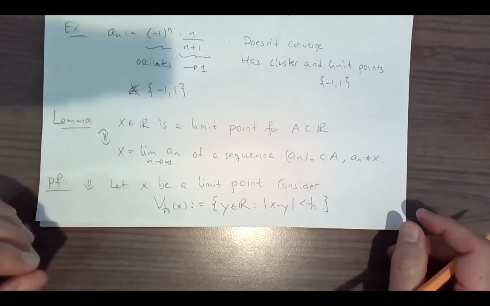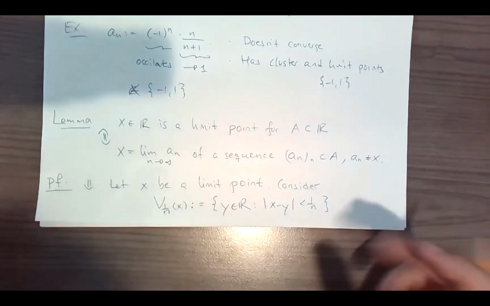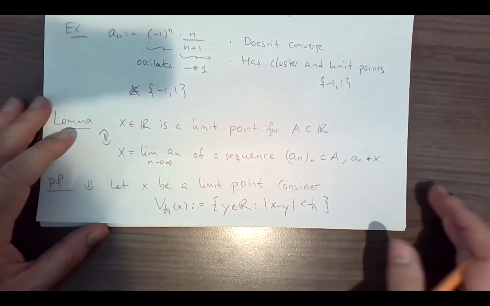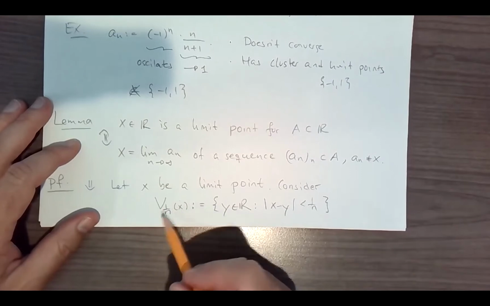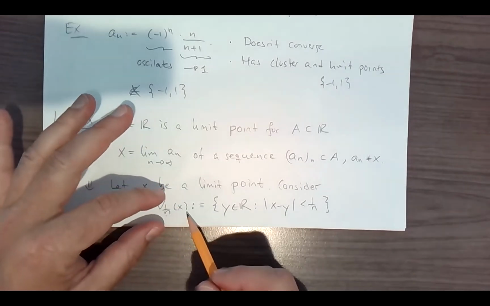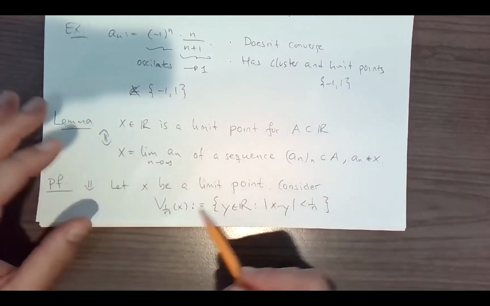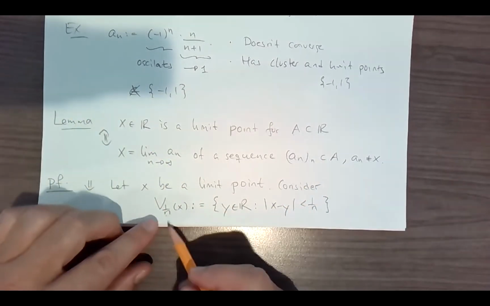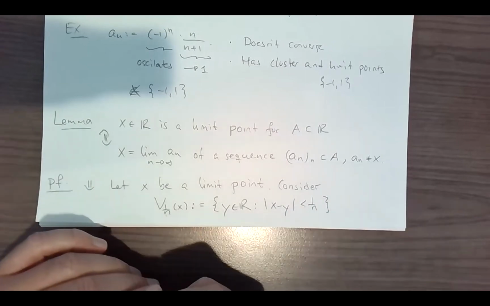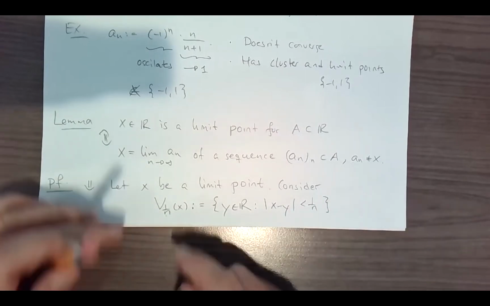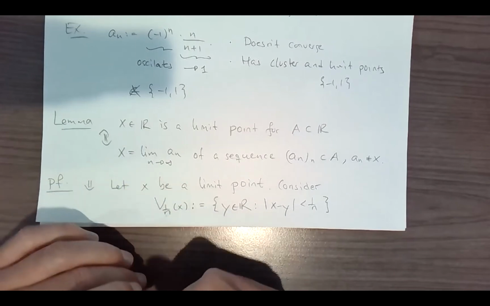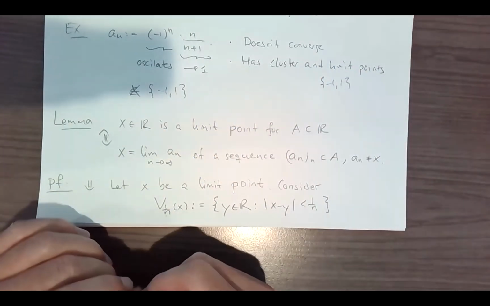Why 1/n? We could have chosen many other things. It doesn't have to be 1/n. I need something that shrinks. So as n goes to infinity, 1/n goes to 0. That's the only property that I need. Last time we were playing with like 1/2 to the n, which goes to 0 much faster.